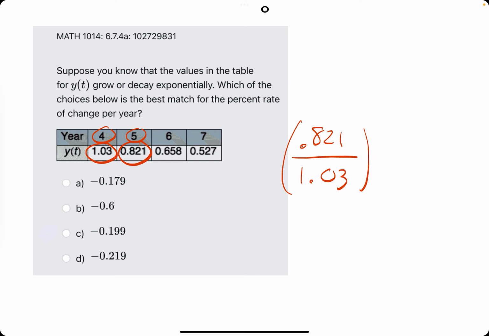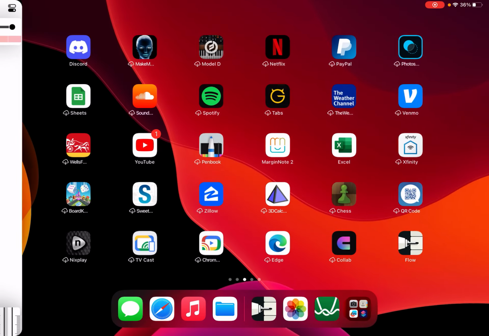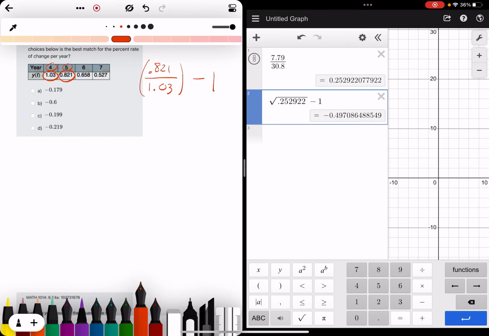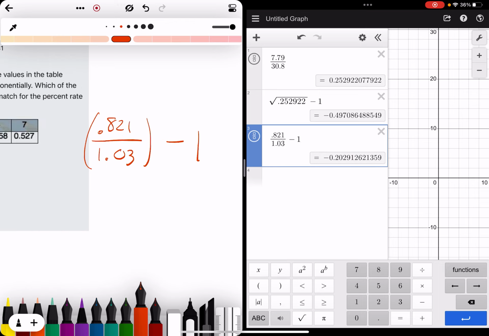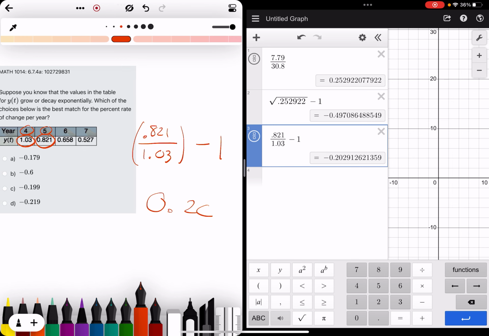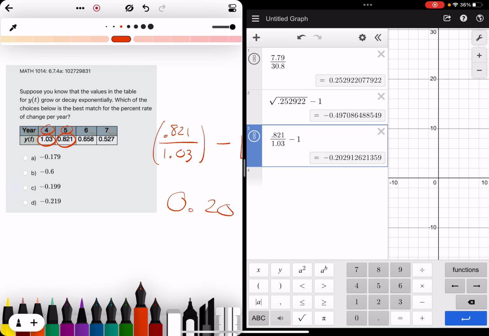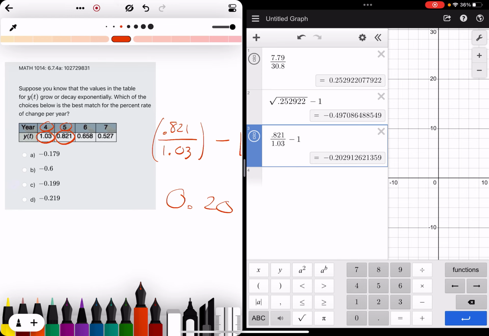We really don't have to change this result. Once we do whatever root we have to do, we subtract 1. So let's calculate this in Desmos. 0.821 over 1.03, and then we subtract 1. We get about negative 0.20, which is close to a couple of the answers, but it's closest to C. Sorry, this should be a negative.